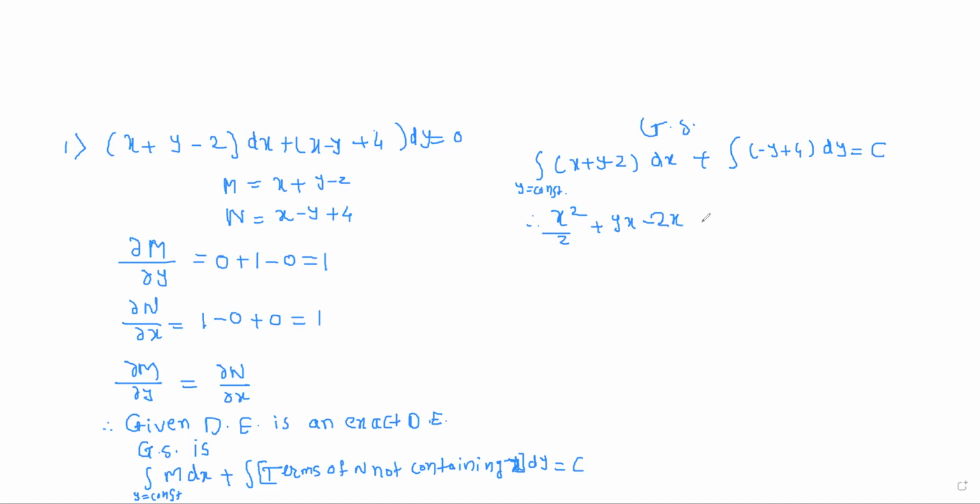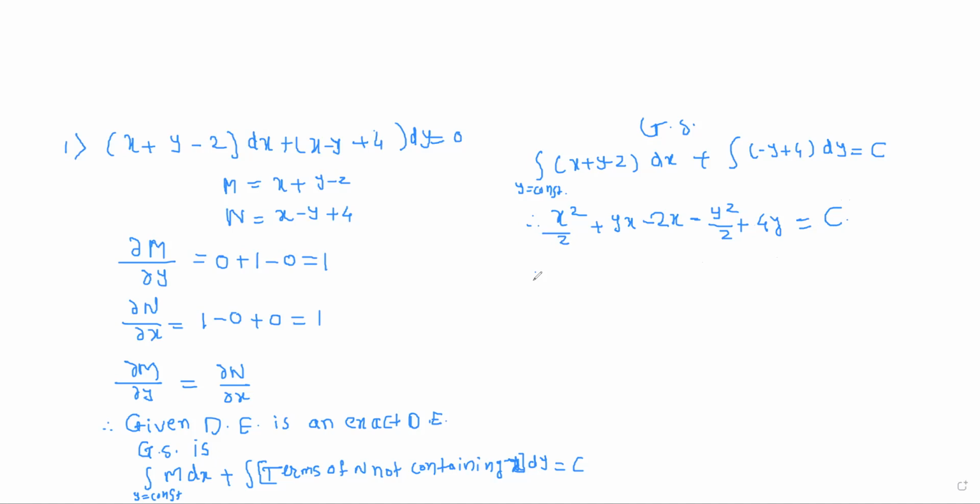Now we'll move here. So here with respect to y, the integration of minus y will be minus y square upon 2 and plus 4, whose integration with respect to y will be 4y, and it is equal to c, the constant of integration. So this is nothing but the solution of the given differential equation. So let's see how we can simplify. We can actually multiply throughout by 2 to remove this denominator term, or you can keep it like this also.